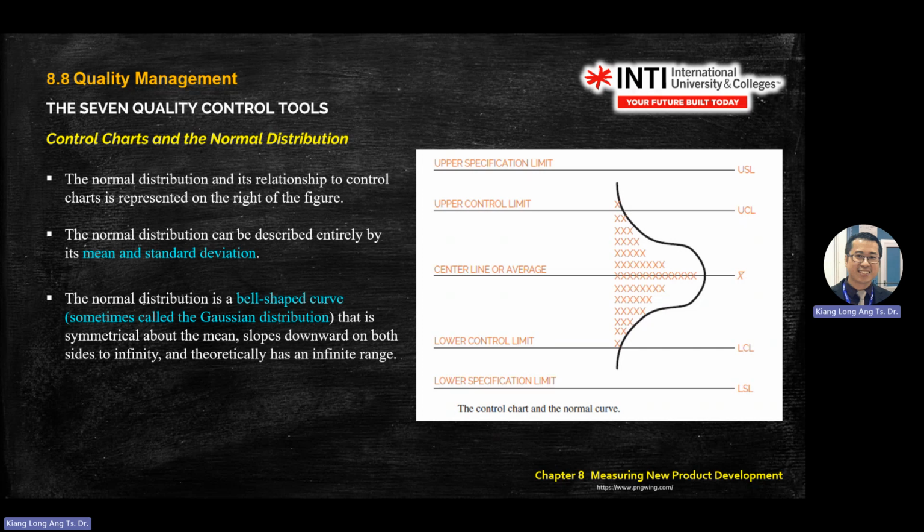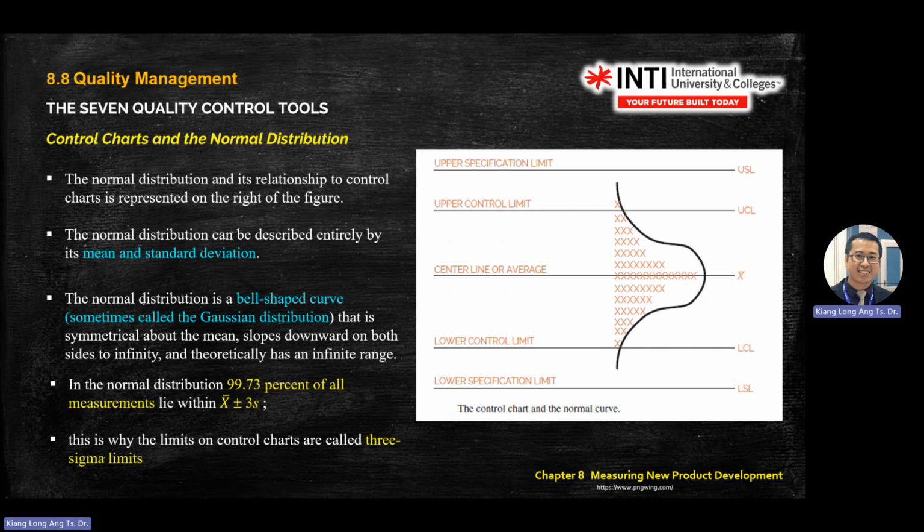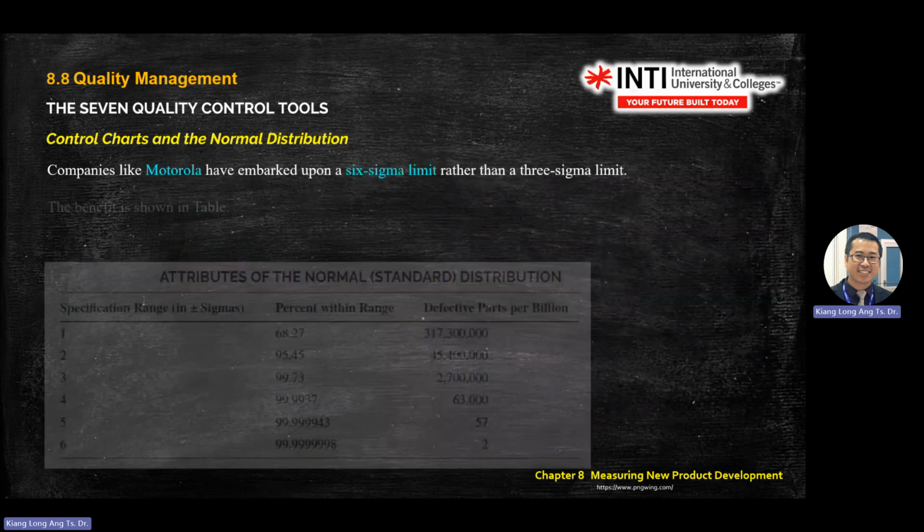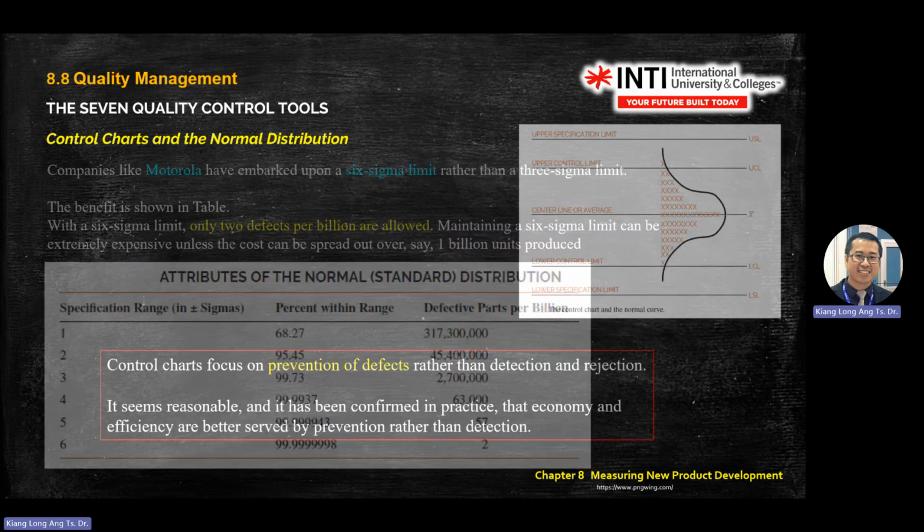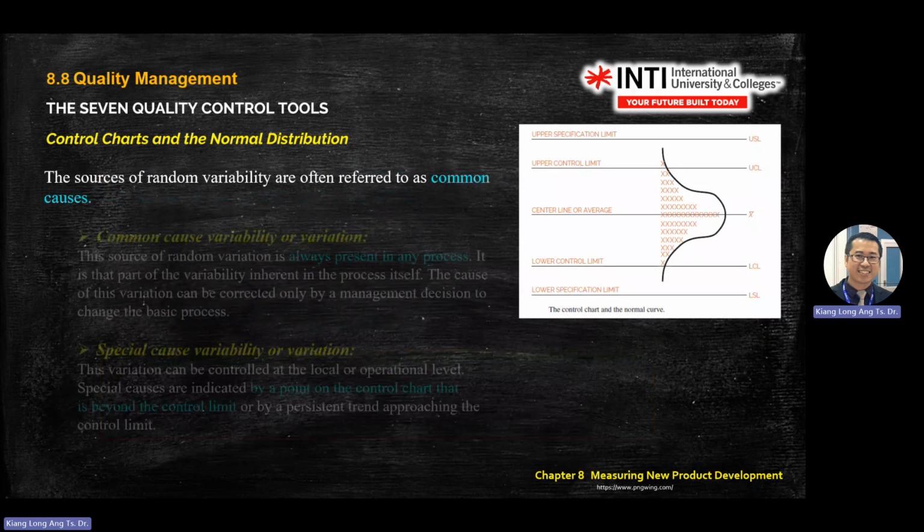Okay, specification limit. So the purpose of putting the specification limit is to ask you to describe whether the data is within the spec limit or outside the spec limit. Okay, the rest you read.